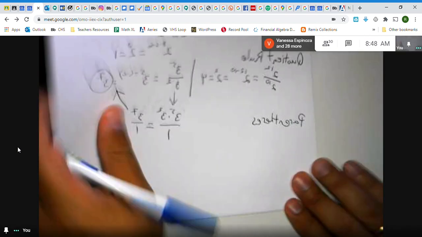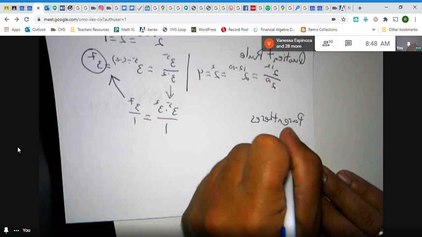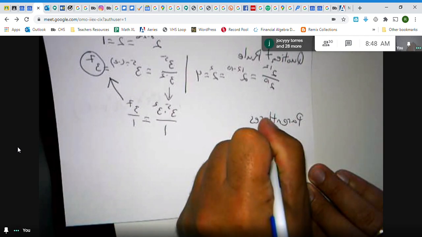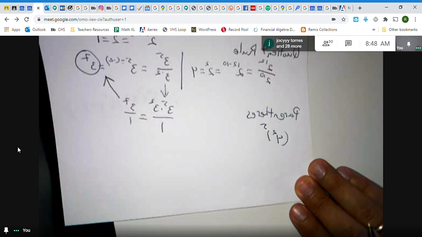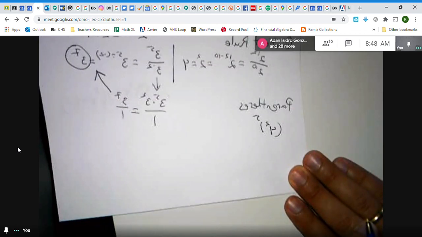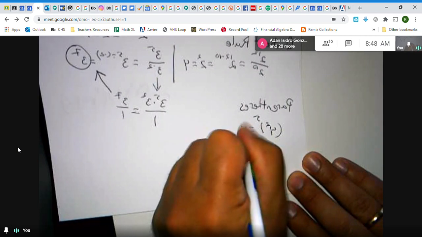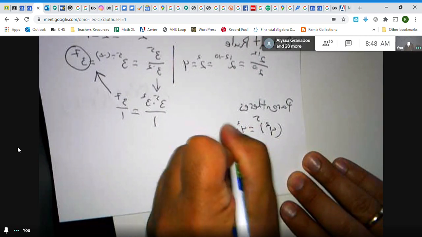Let's continue. Parentheses. First off, if you've got a power to a power, like 4 squared to the 5th, well, we know the 5th power means write it out 5 times.